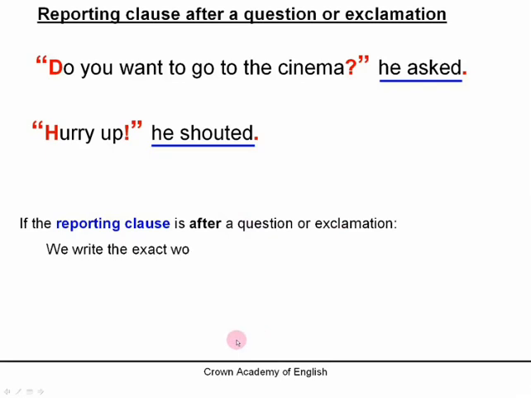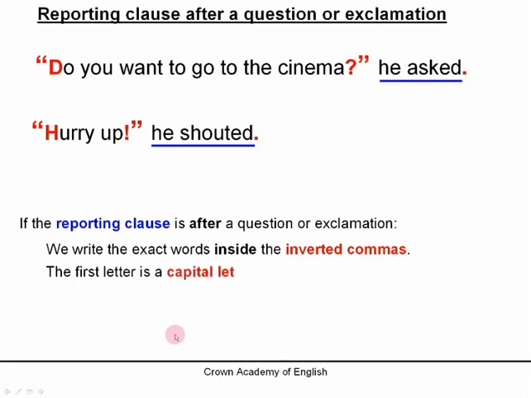The rules are, we write the exact words inside the inverted commas. The first letter is a capital letter, a capital D and a capital H.